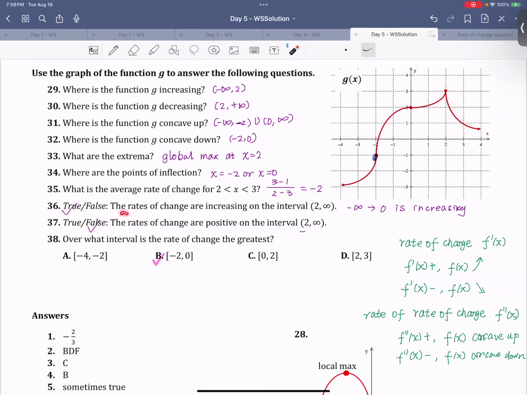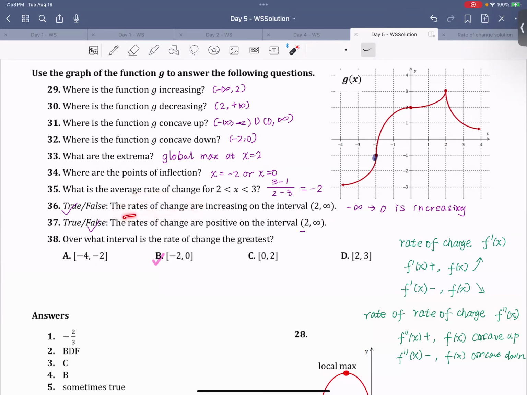Next. The rate of change are increasing. Hold on. Some people think the rate of change, so you are looking for the increasing.